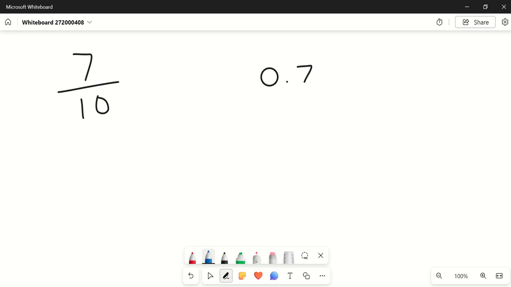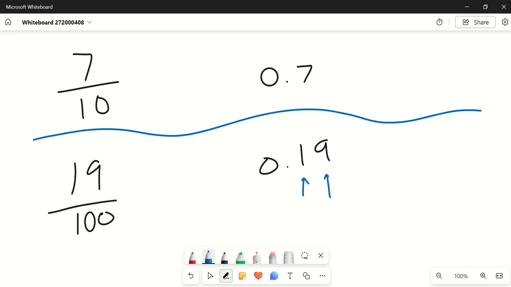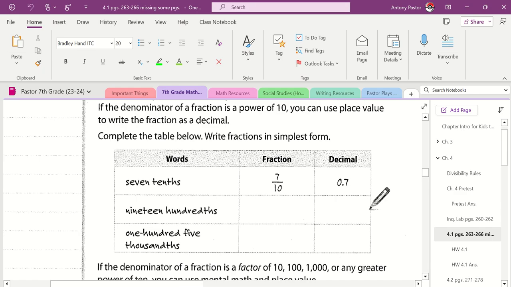The next example that was given to us was 19/100. The last part of the number should be in the 100th spot, which should just end up like this, because the 1 is in the 10th spot, then it goes to hundreds. So this is 19/100. Then they want us to do 105 thousandths.